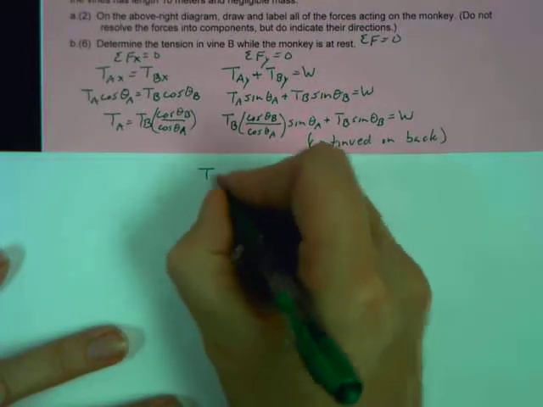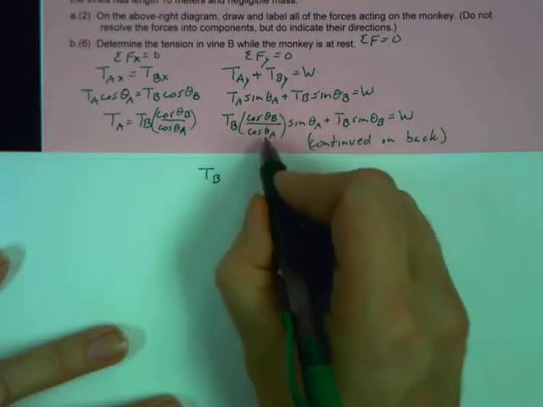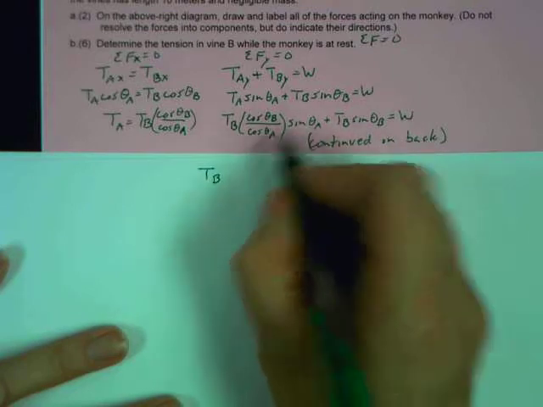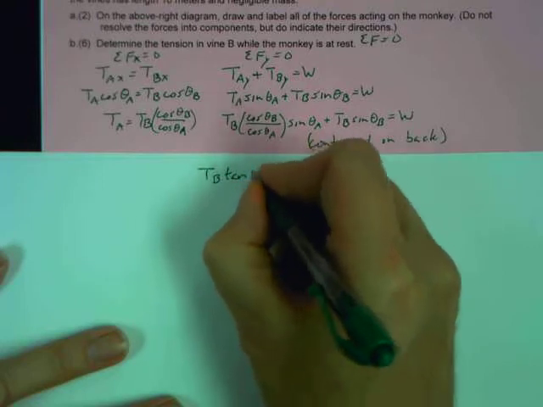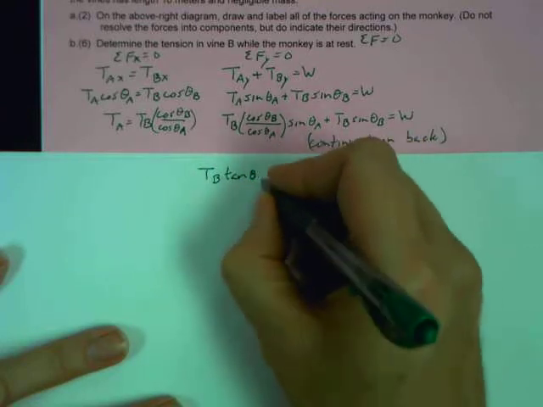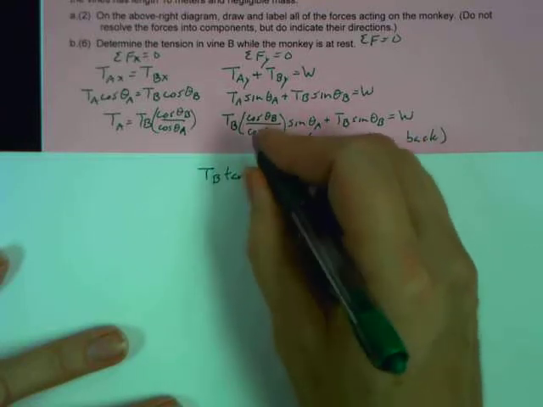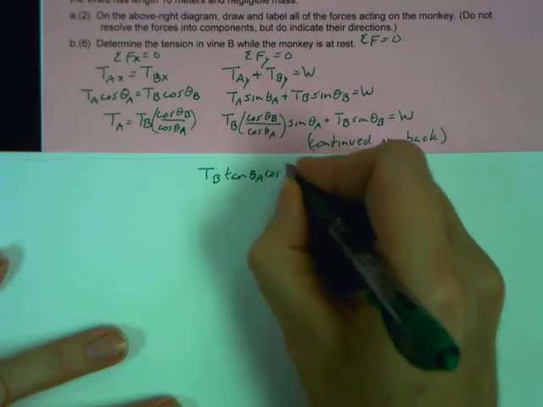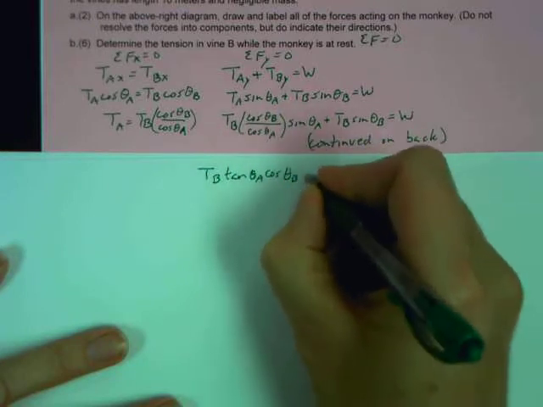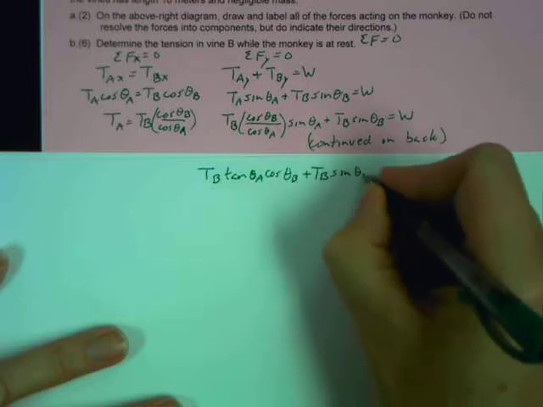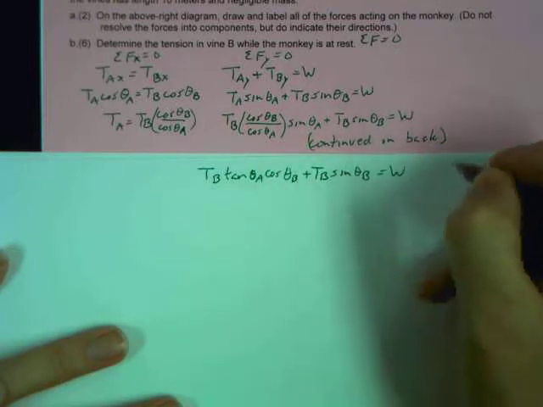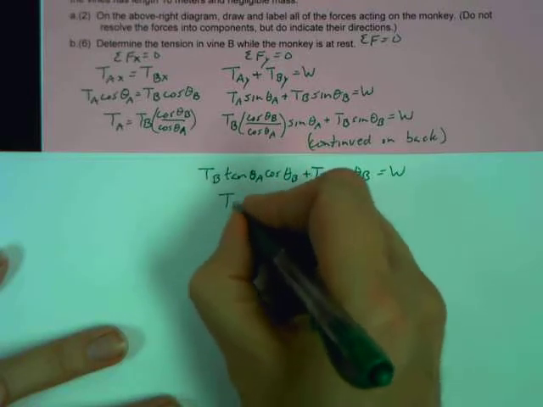That is T sub B. I have theta A twice, and that's sine over cosine, so that's tangent. So that's T sub B times the tangent of theta A times the cosine of theta B plus T sub B sine theta B equals W. Pull the T sub B's out.